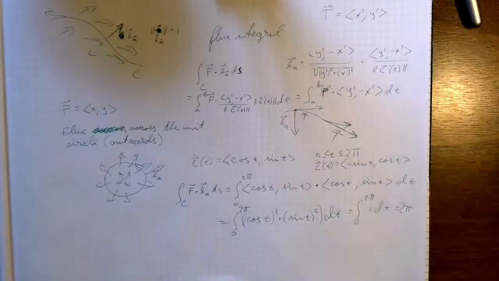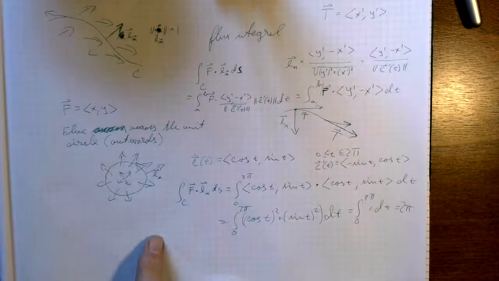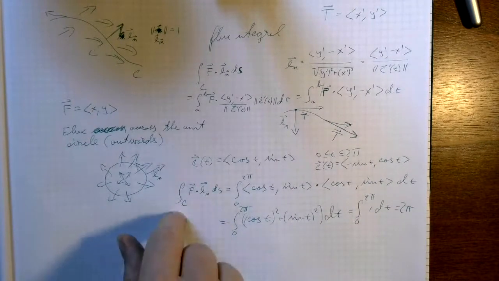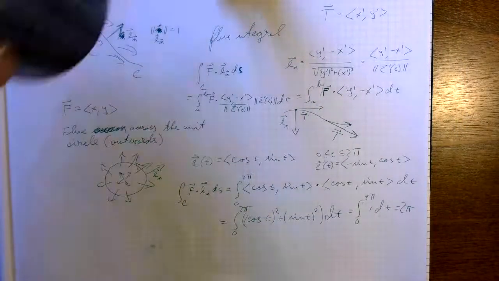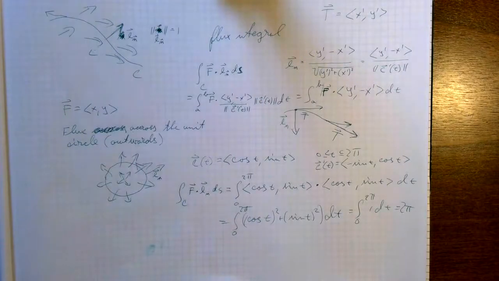Now, this sort of integral is used in other applications. For an electric field, using this flux, you can figure out what's the charge inside this circle, or inside some closed loop.